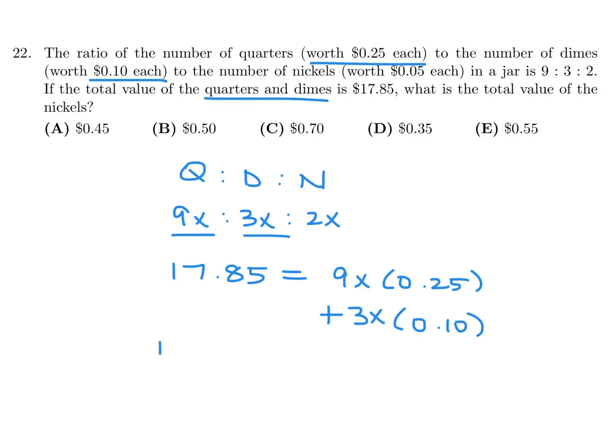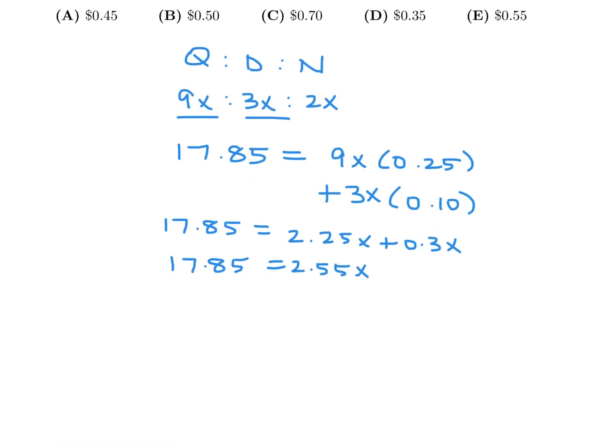So we do this math here, and we got 1785 is equal to 2.25x plus 0.3x. So it's 2.55x is equal to 17.85. Then if we divide 17.85 by 2.55, we get 7.